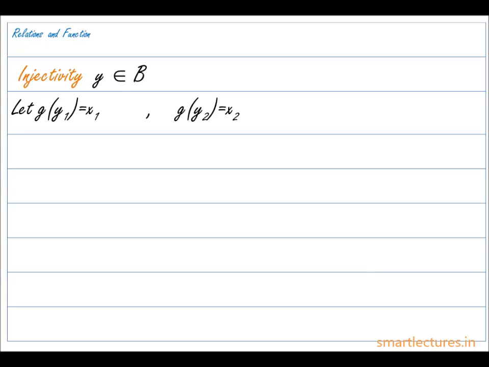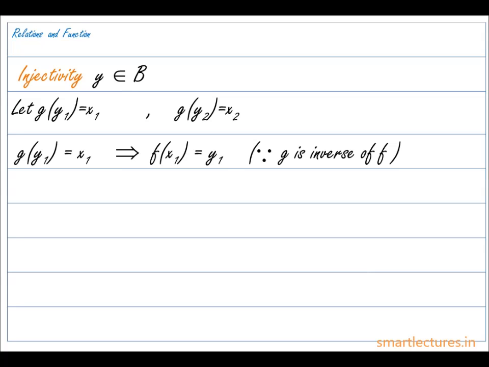And now since g of y1 is equal to x1, then that also means f of x1 is equal to y1. Why? Because g is the inverse function of the function f.